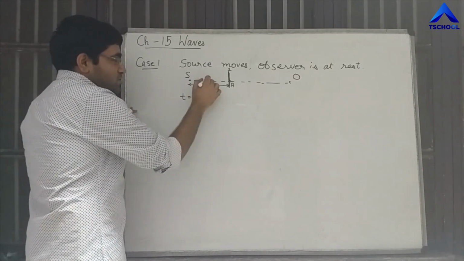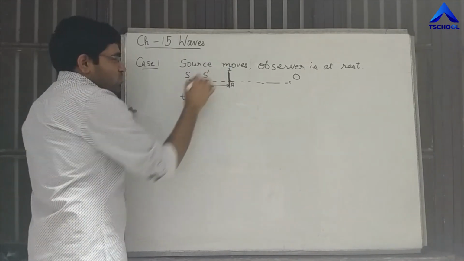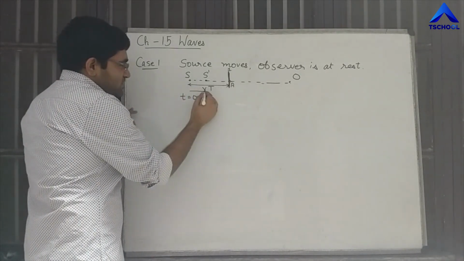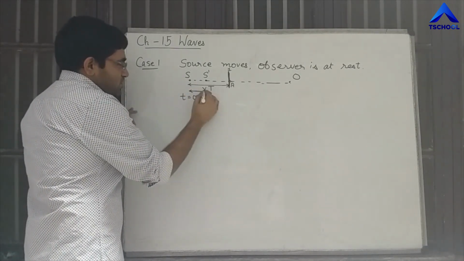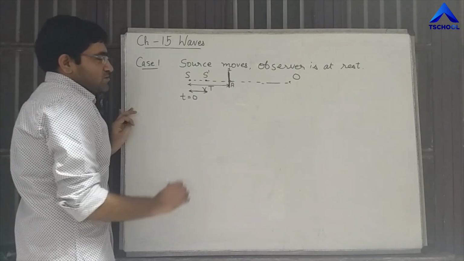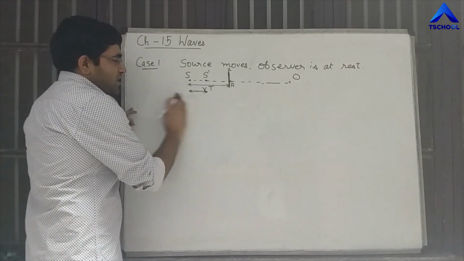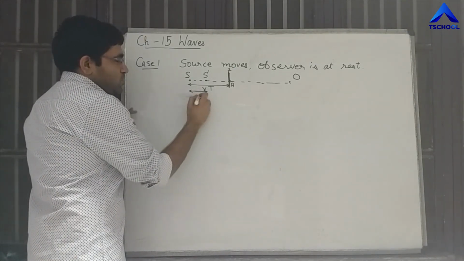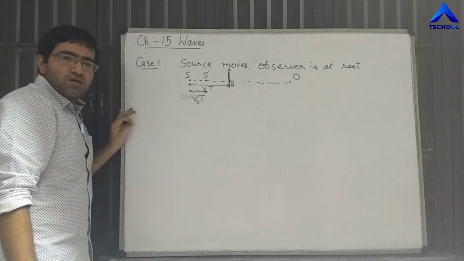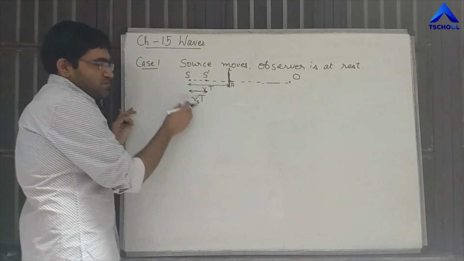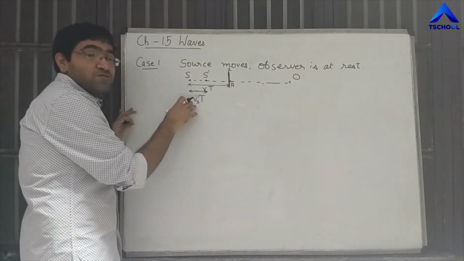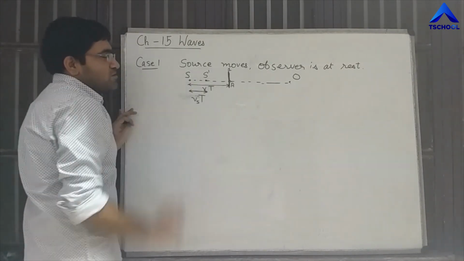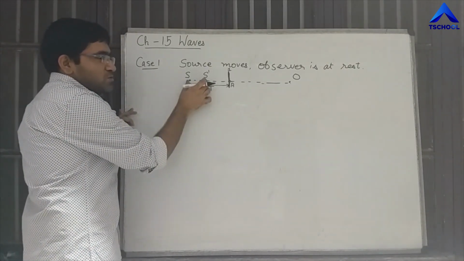The source is also moving. So let's say that the source moves till this point, S dash. Let's see what that distance should be. That distance should be Vs into T. Again, Vs is the velocity of the source. So multiply that by the time it took, and you get the distance that the source has traveled.